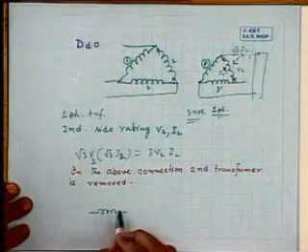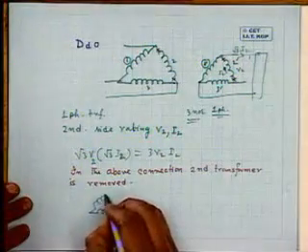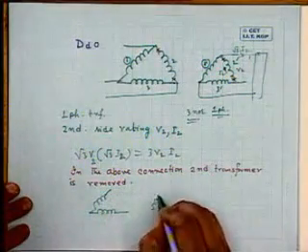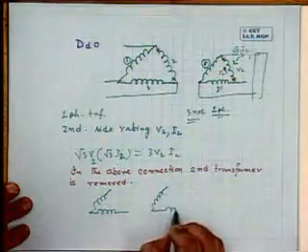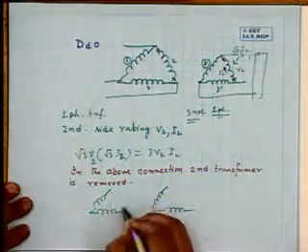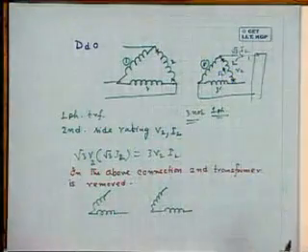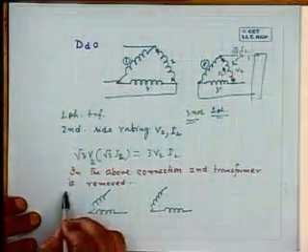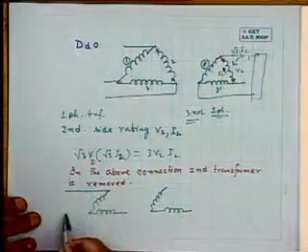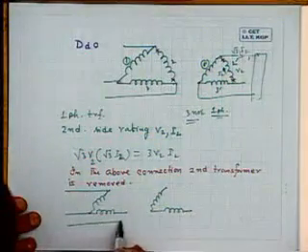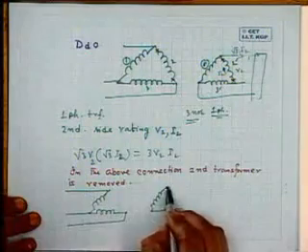Then how will the circuit look? It will look like this one. There I have simply removed that second transformer from the circuit, and still I have given 3-phase supply here.